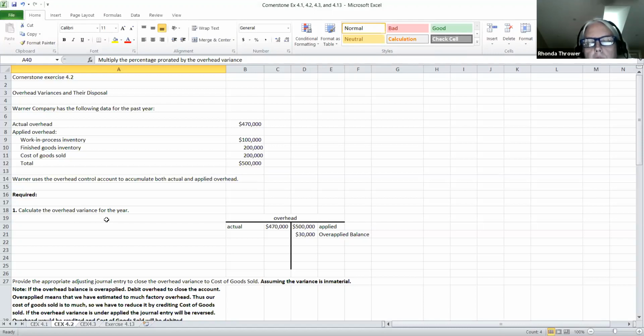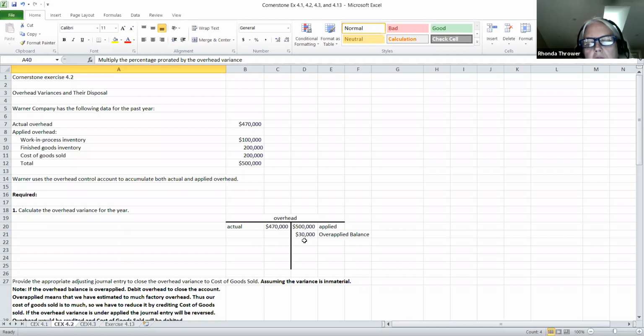In order to find the overhead variance for the year, you compare what actually happened at the end of the period to what you had applied during this period. The applied portion is the estimated amount. In this case, we estimated too much of our overhead. We estimated more overhead than what actually happened.